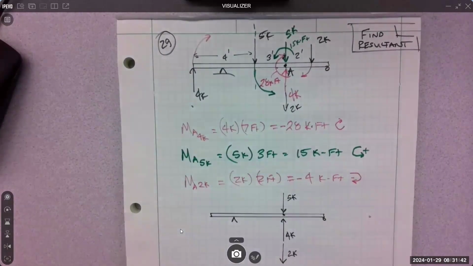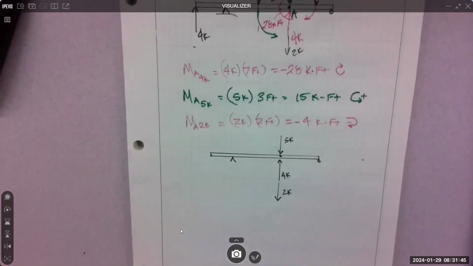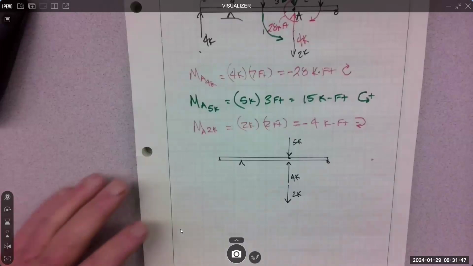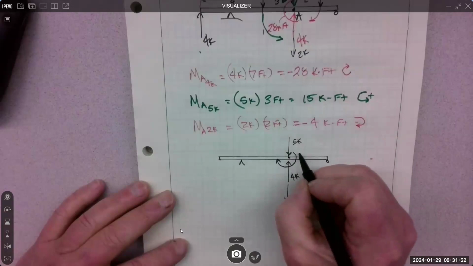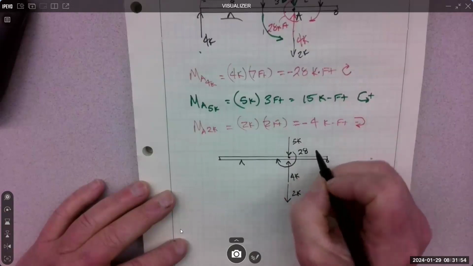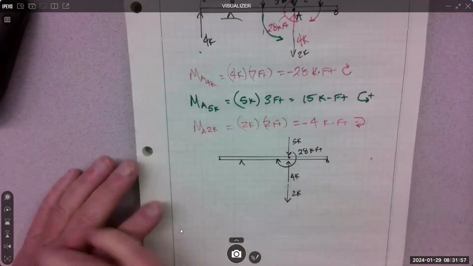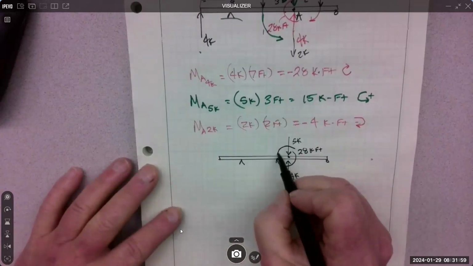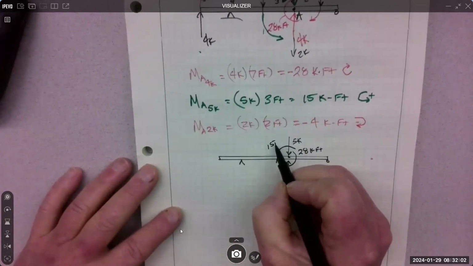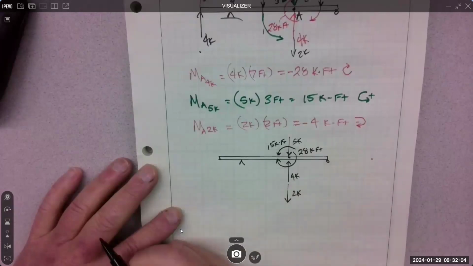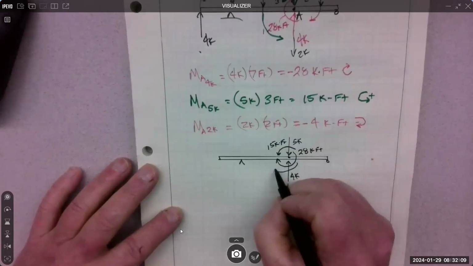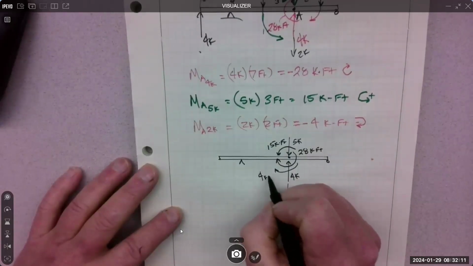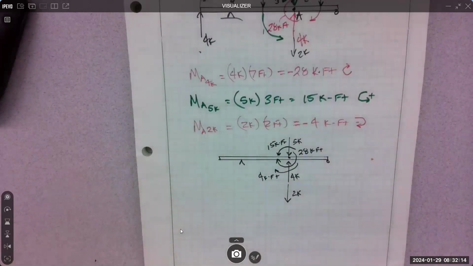All right, so all the vectors have been moved over. And all their rotations have been moved over. So we have the 28. The 15. And the 4 kip feet.